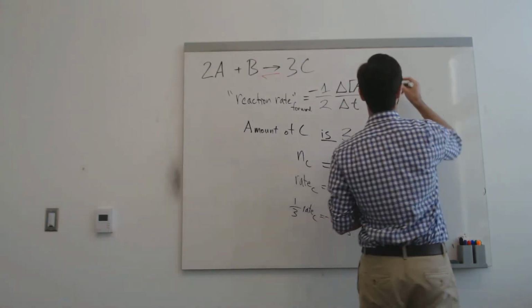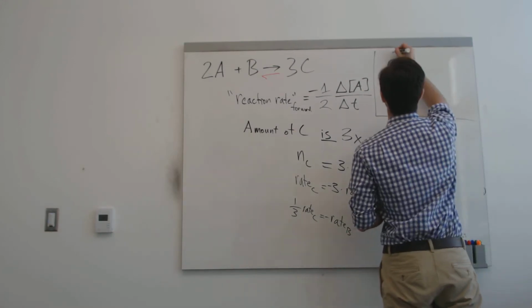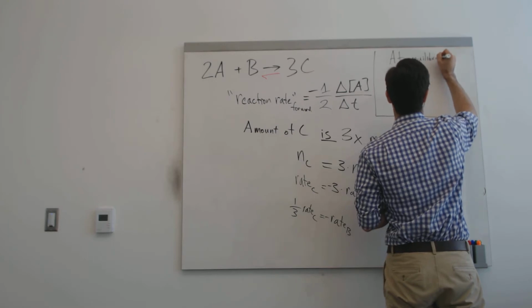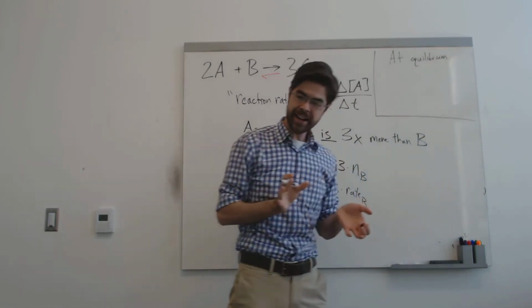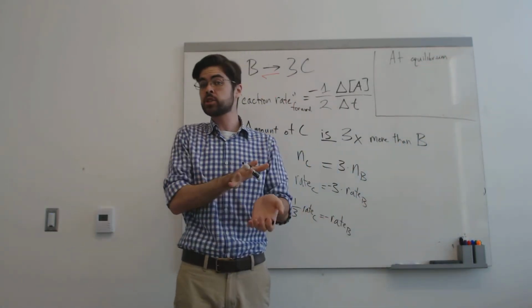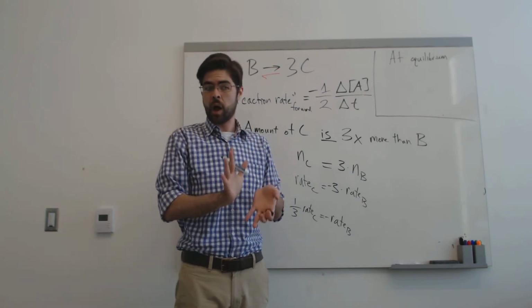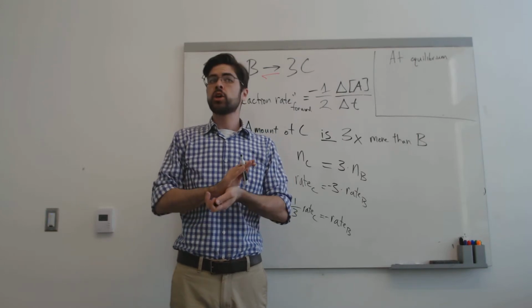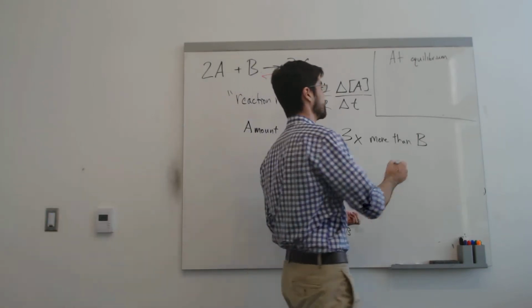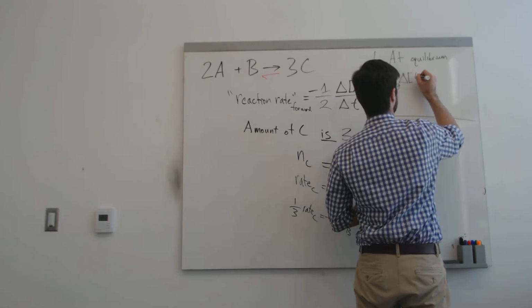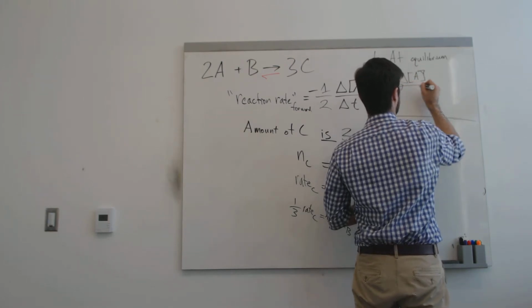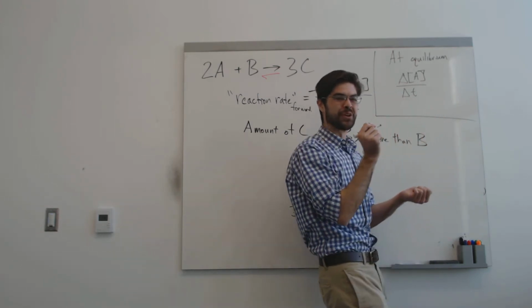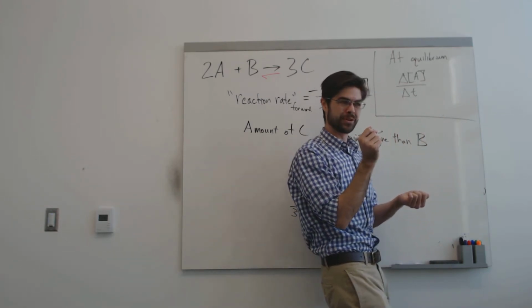If you are at equilibrium, then the system, at least to our conception of it, is no longer changing. So if it is at equilibrium, then the rate of change of a... Pause this video for just 1 second and see if you can get what this should be equal to.